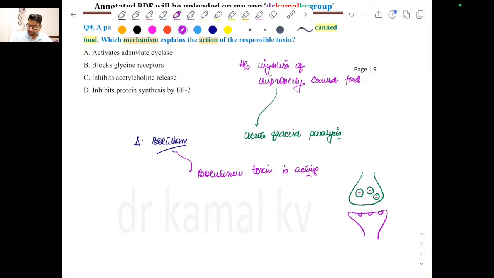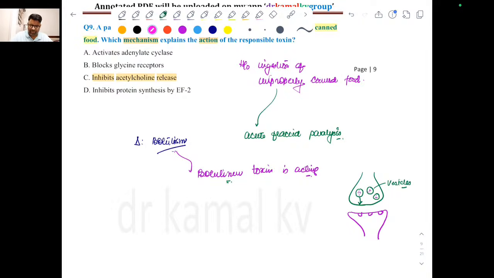Now the botulinum toxin impairs binding of these vesicles to the presynaptic membrane, and therefore there is no release of acetylcholine in the synaptic cleft. So there is inhibition of release of acetylcholine. There is damage to the SNARE proteins which are responsible for binding of these vesicles to the presynaptic knob membrane.